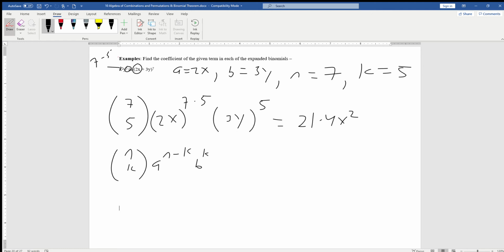And then finally, 3y to the 5th. 3 to the 5th should be 243. So 243 y to the 5th. And we only care about the coefficients. So our answer in this case is going to be 21 times 4 times 243, or in this case, 23328.